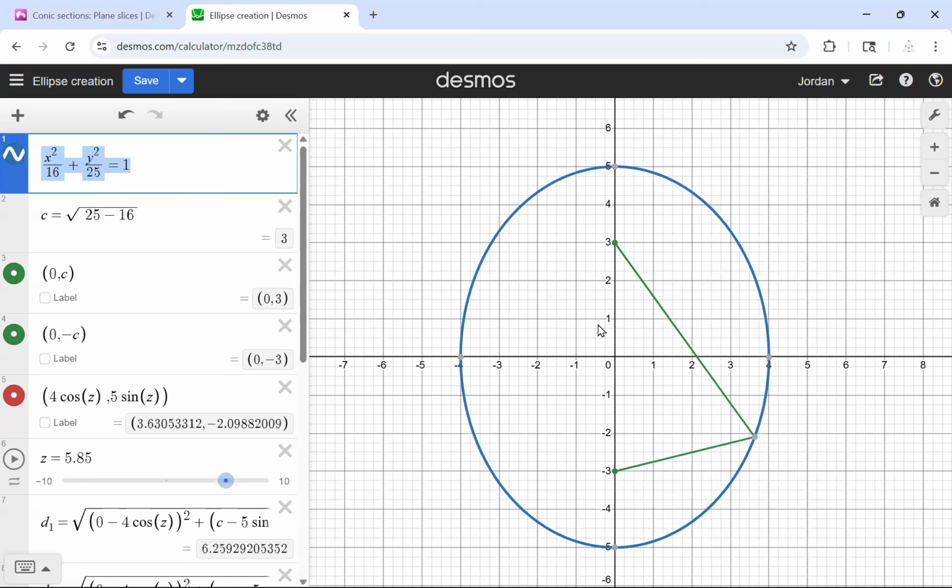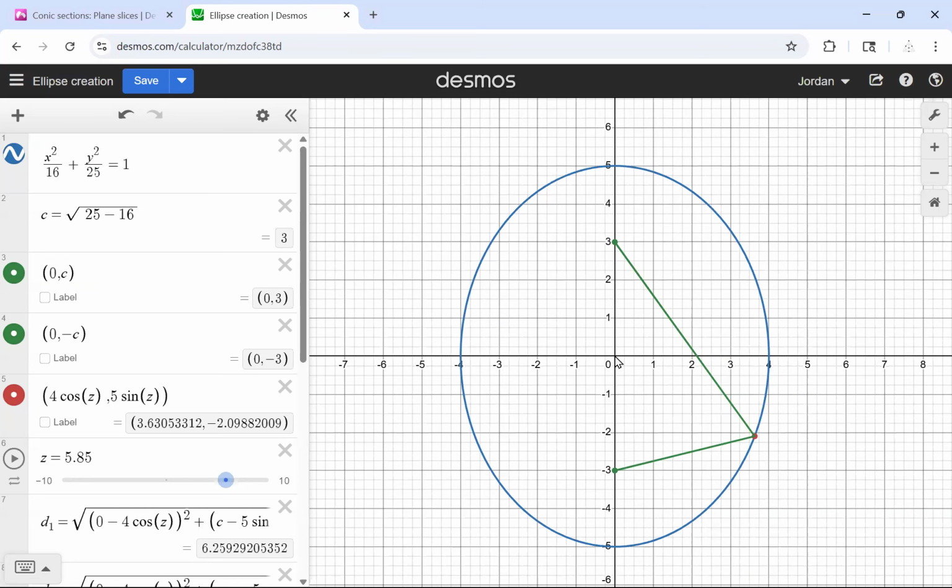And when you do the calculations for c, c is equal to 3. So the two foci are located 3 units away from the center on the major axis. It's pretty easy to see that this ellipse is stretched out more in the y direction than it is in the x direction.